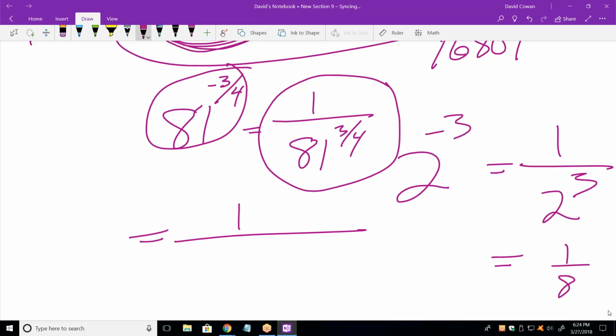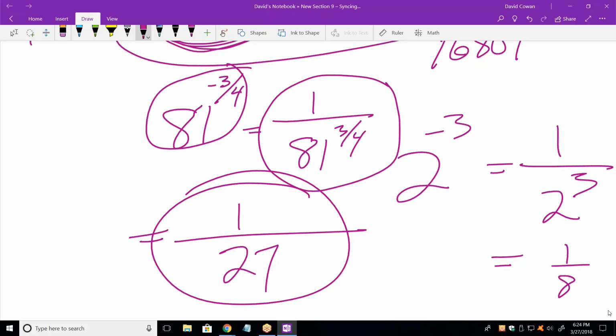If you don't know what it is, on your calculator, type in 81 to the 1/4 power. All right, let's see. 3. Okay, now take 3 and cube it. 3 cubed is 27. That's the answer. Cool.